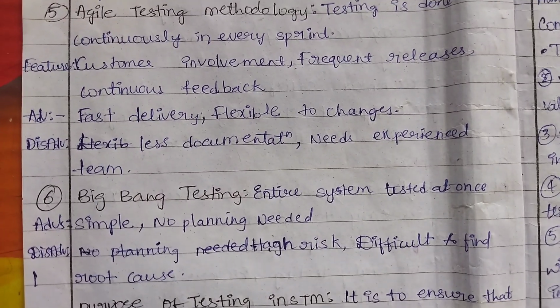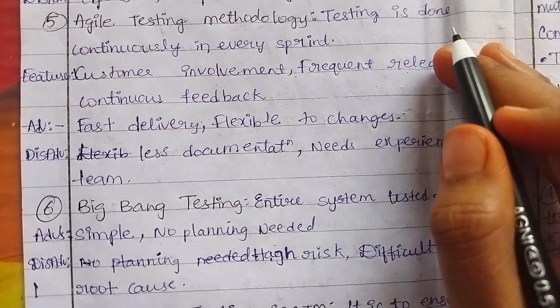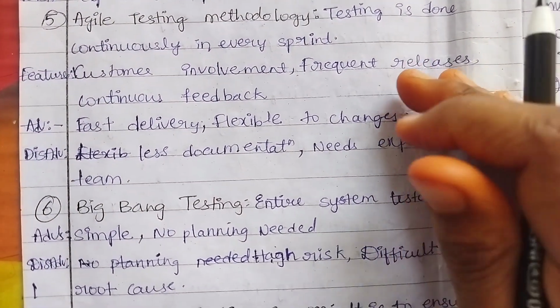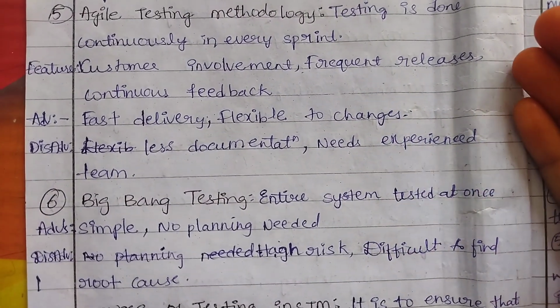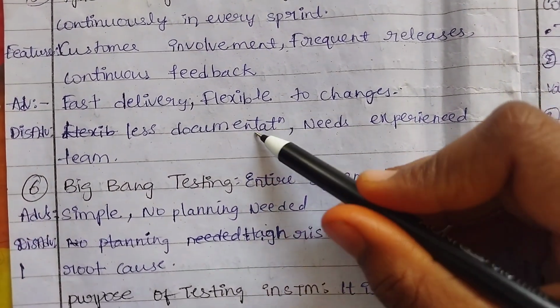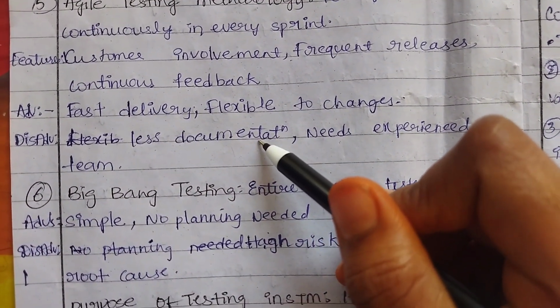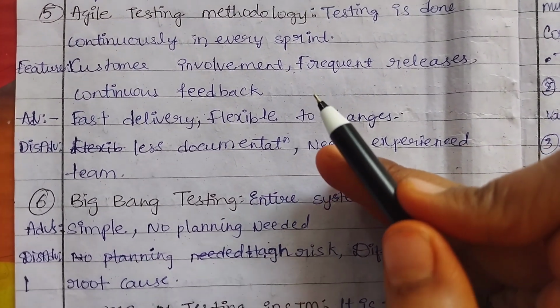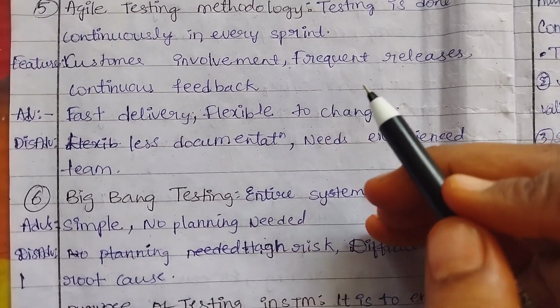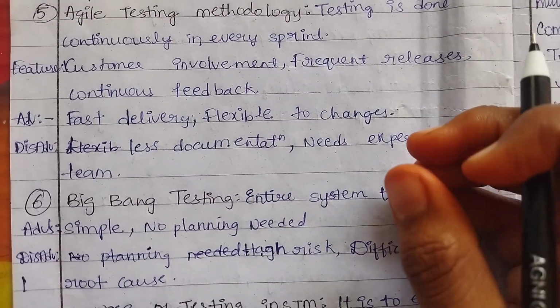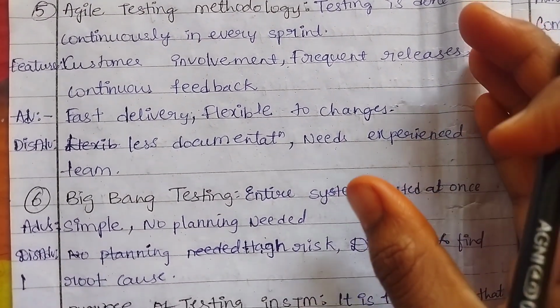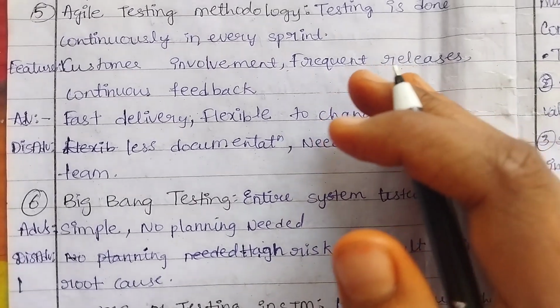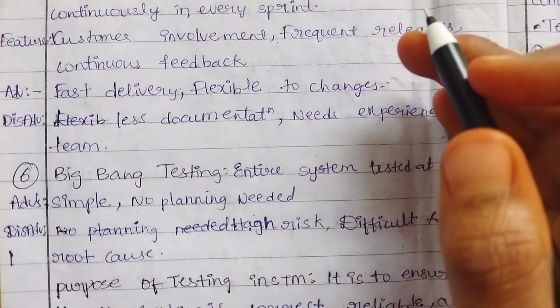It is flexible to change modifications, it is used for fast delivery of the software project, and it needs less documentation. This is the disadvantage of this testing method: it needs a more experienced team. It is not suitable for testing by freshers.